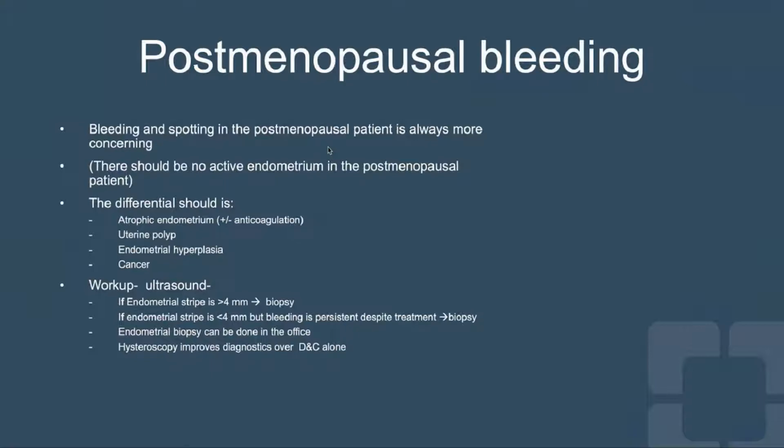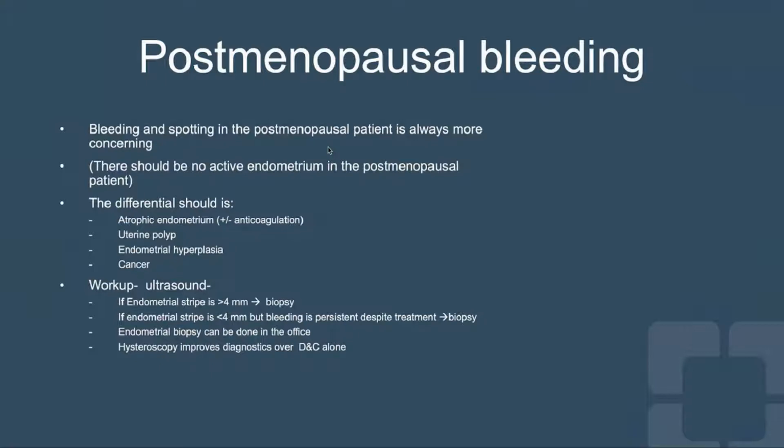Postmenopausal bleeding is a lot more concerning because any bleeding and spotting in the postmenopausal patient needs a rapid examination and needs to see a gynecologic evaluation soon, because it's more likely to be cancerous or precancerous.